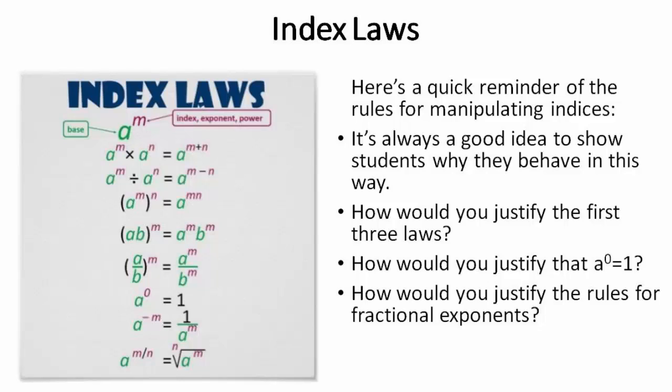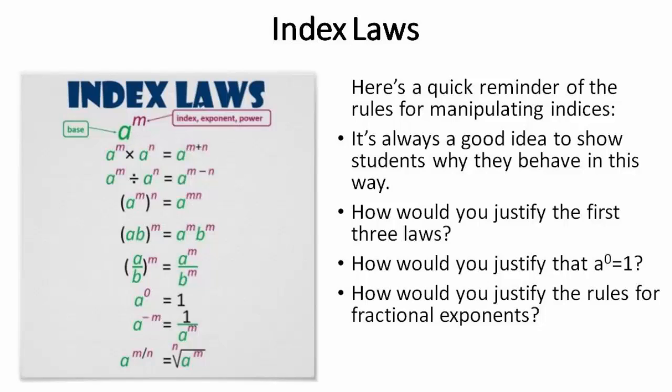But if that rule is to work, then I need 7 squared divided by 7 squared to equal 7 to the power of 2 minus 2, which is of course 7 to the power of 0. And so I've suddenly got the strange relationship that 7 to the power of 0 equals 1. And the same thing works whatever number I put in, if I put it in to be divided by itself.